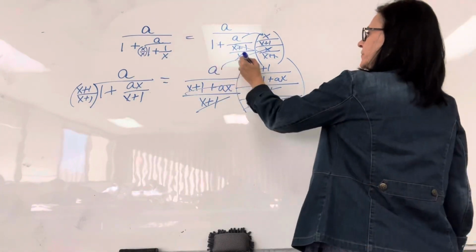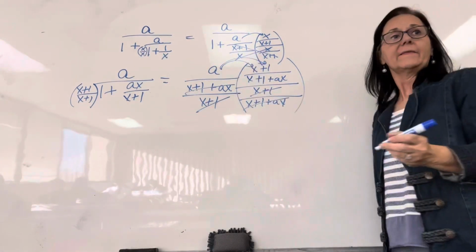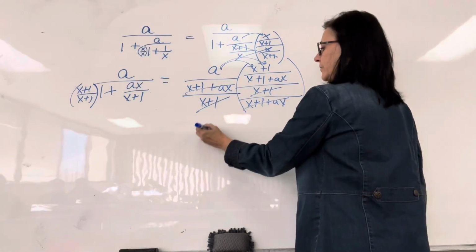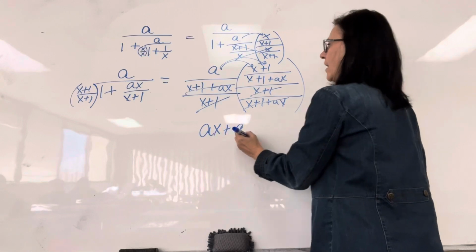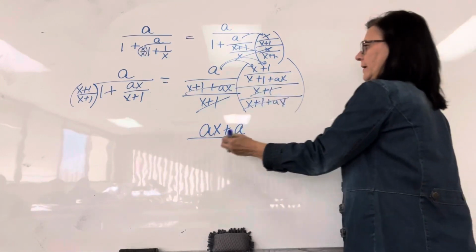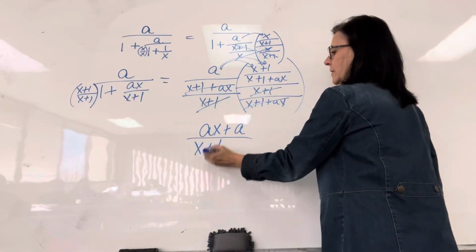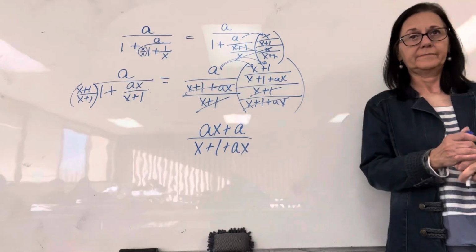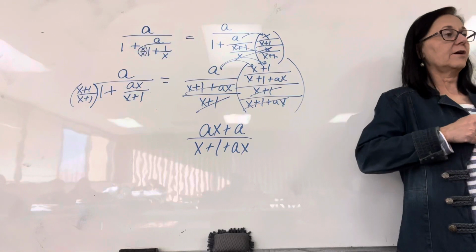I'm going to distribute the A to the numerator in that second term that I'm multiplying by. So I end up with AX plus A over this denominator, X plus 1 plus AX. Can anything be simplified? Please say no, because all these terms are added.